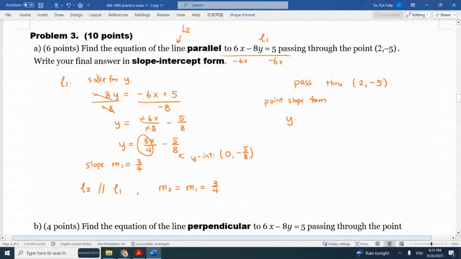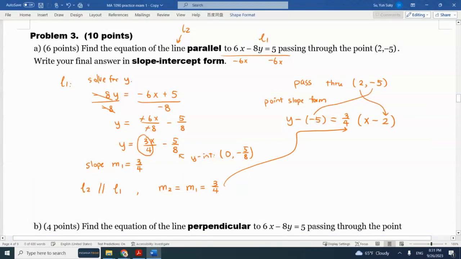And therefore, y minus negative 5 equals the slope, 3 over 4, times x minus the x coordinate of the point. So far, so good, everybody?